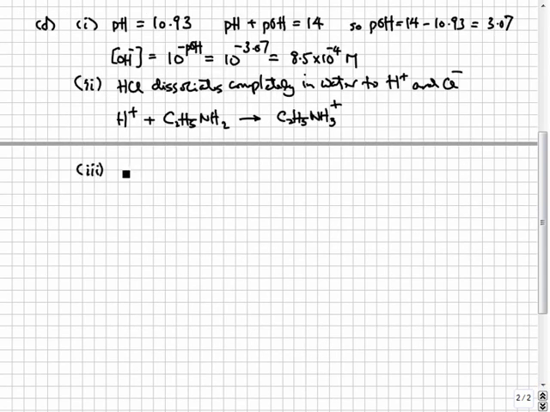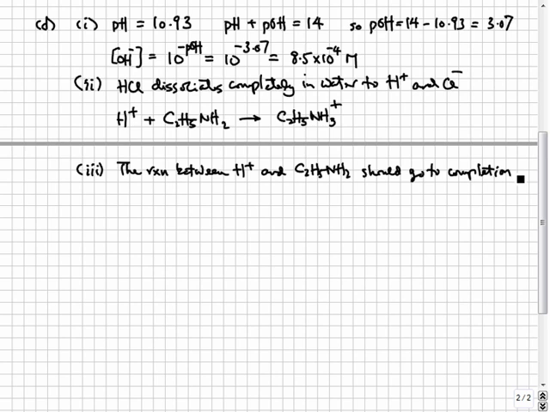3. H+ is a strong acid, and its reaction with C2H5NH2 should essentially go to completion. So this is just a stoichiometric calculation. The number of moles of H+ is the volume multiplied by its concentration, equals 0.100.